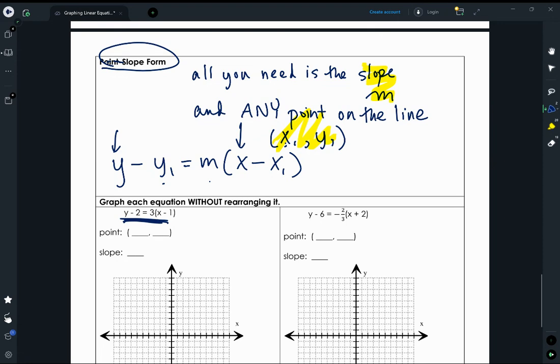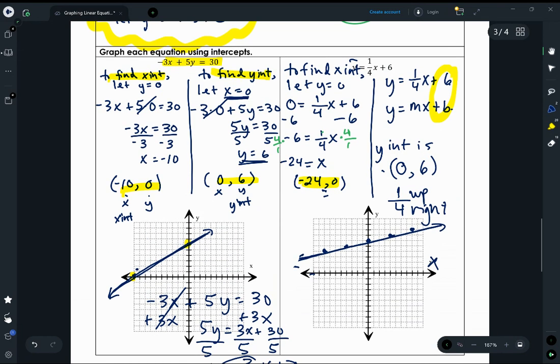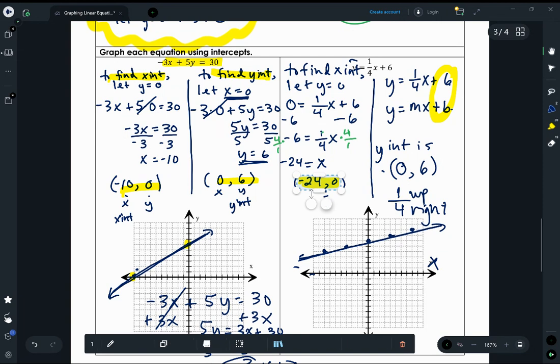So I want to identify my point on this, and I don't want to rearrange it. That means we're not solving for y. Do not solve for y. And the reason we don't want to do that is because we don't need to. I could see on that last one how the y-intercept, or sorry, it was the x-intercept, was a very inconvenient number.